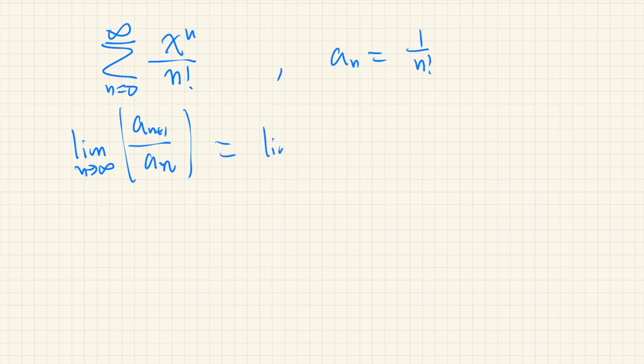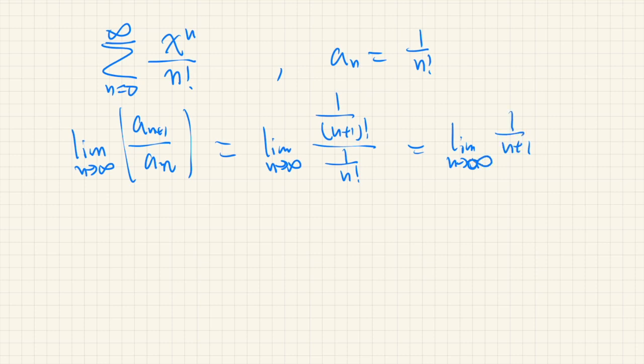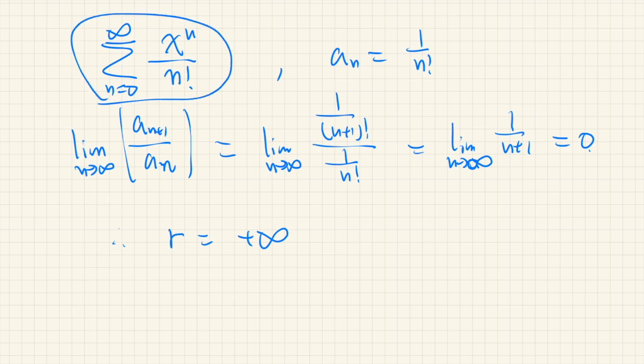That is the limit of n factorial over (n+1) factorial, which is 1 over n plus 1, and the limit is 0. Therefore, the radius of convergence is 1 over 0, which is infinity. So this power series converges for all real numbers. x can be any real number.